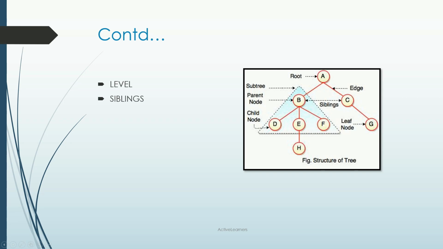Yes. When you talk about the levels of the tree, the root node is in level 1, and this is in level 2, level 3 and this is in level 4.